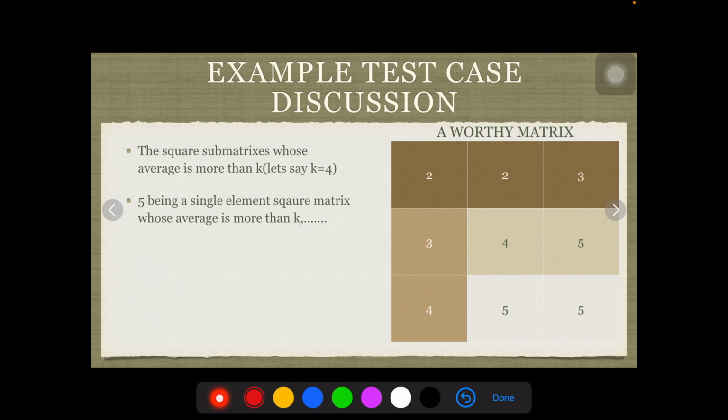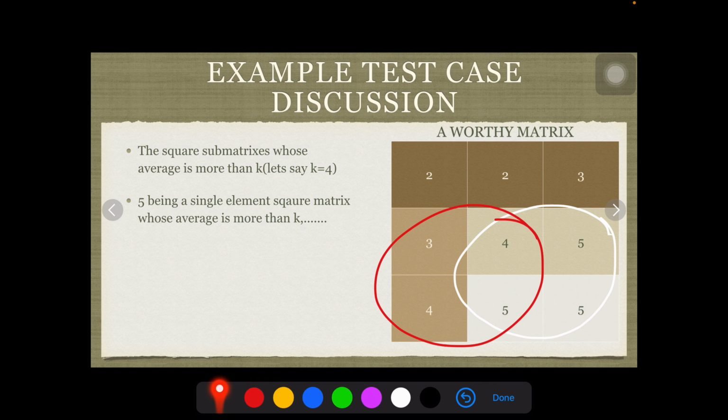Next, if you consider this submatrix and this submatrix, these two square submatrices are k-worthy. If you add all of them and divide by 4, you'd get something greater than or equal to 4, hence it is a k-worthy submatrix.